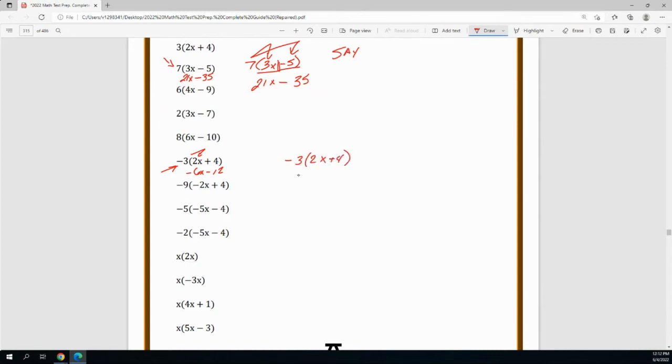Could you have said negative 3 times positive 2x, negative 6x? Now watch. Could you have written plus? Yes. Could you have said negative 3 times positive 4 and written that as a negative 12? Yes. So both of these are the same. I don't want you to get too confused about that. There are two different ways to write this, and that's okay.